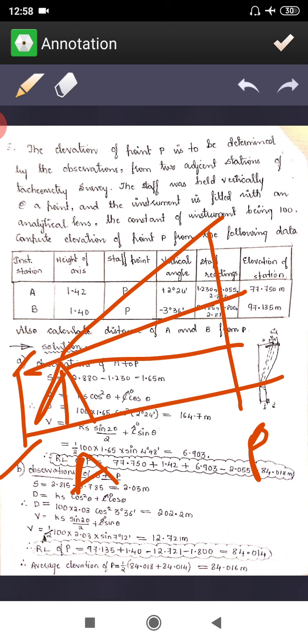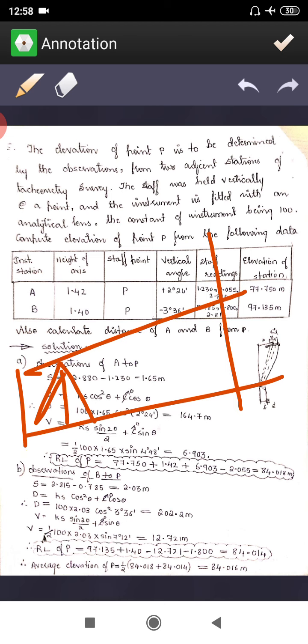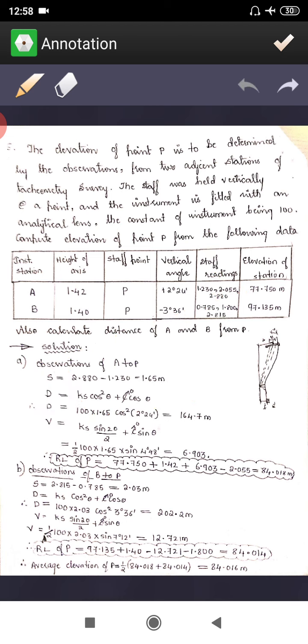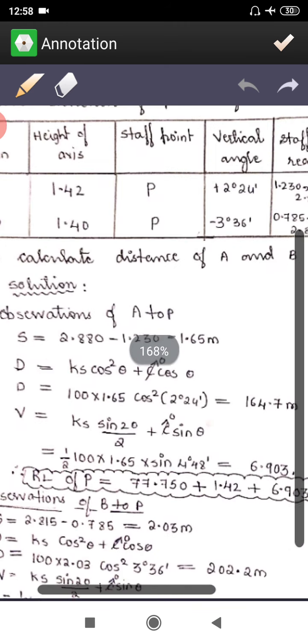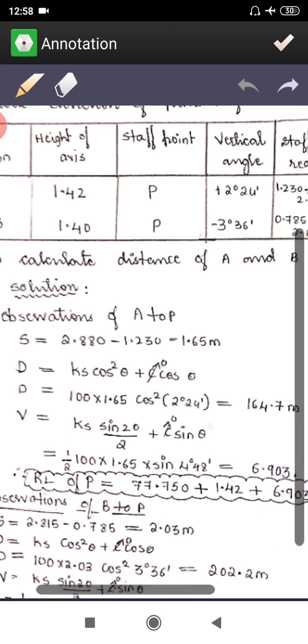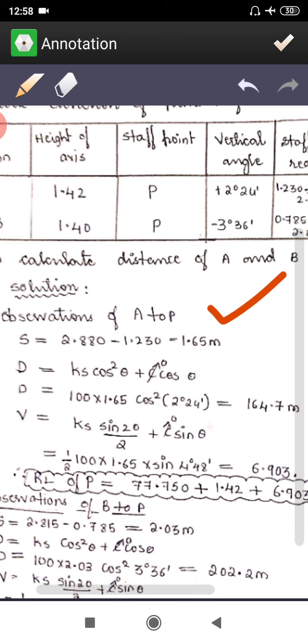Calculate the distance of A and B from P, that is what it says. So first you can have observation from A to P. Here you are going to have S value, that is 2.88 minus 1.23, so you are going to get 1.65 meters.